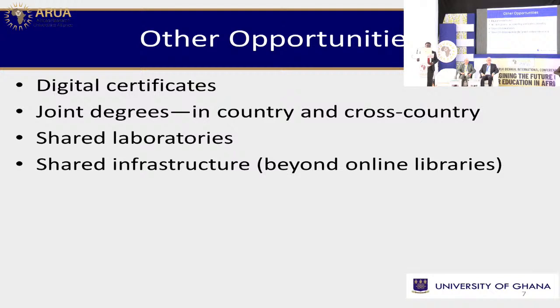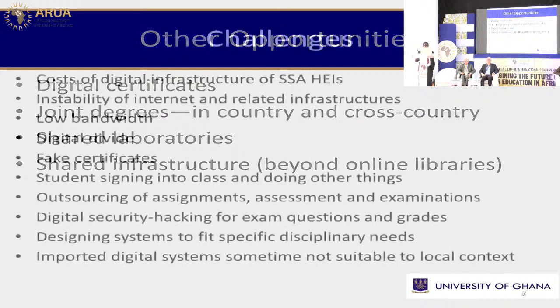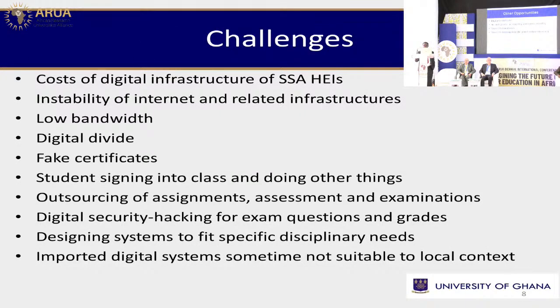Okay, so looking at some of the challenges, we are looking at cost, and I won't go too much into it. We all understand cost is a very big deal when it comes to using this. Then there is instability of the internet and related infrastructure, both on the institution side and on the individual learner side.